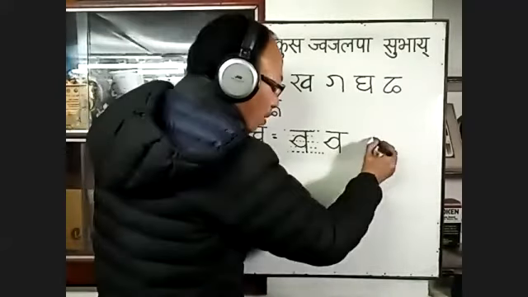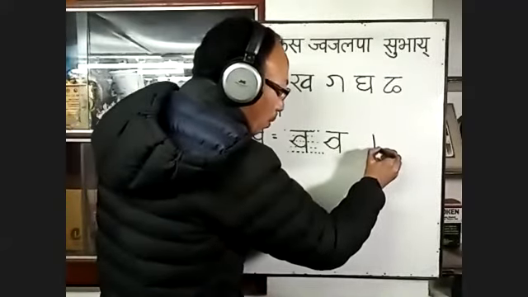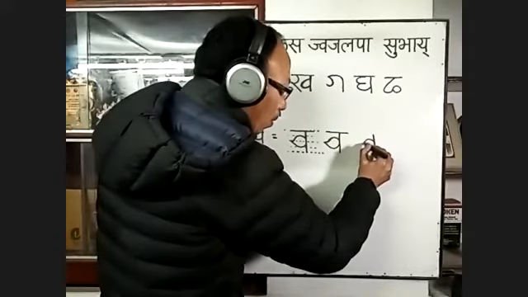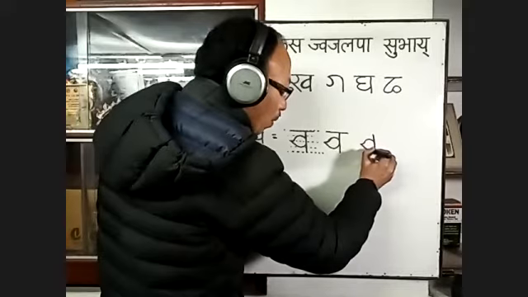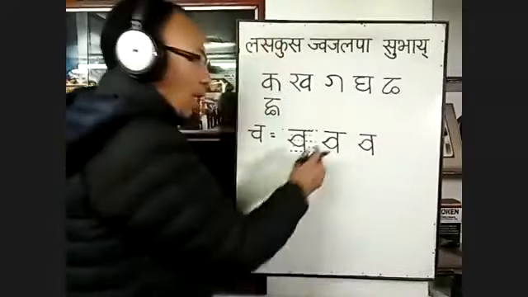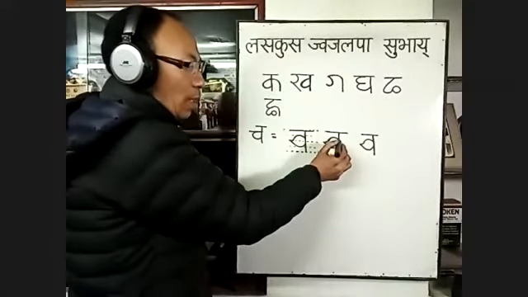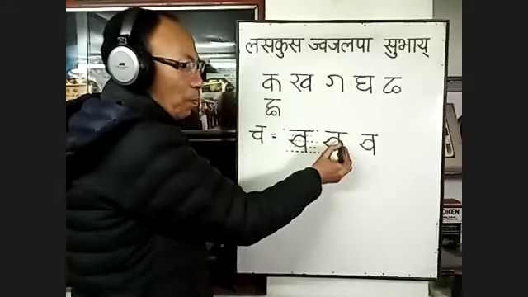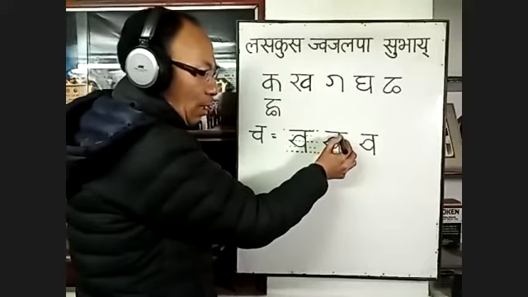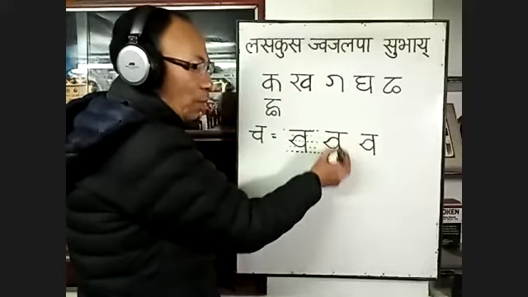Once again, let me write it. It shouldn't be too close. This line and this part which goes to join the straight line shouldn't be too close.